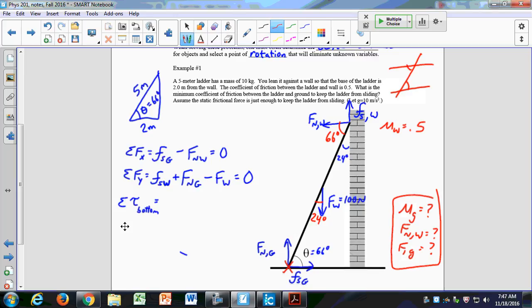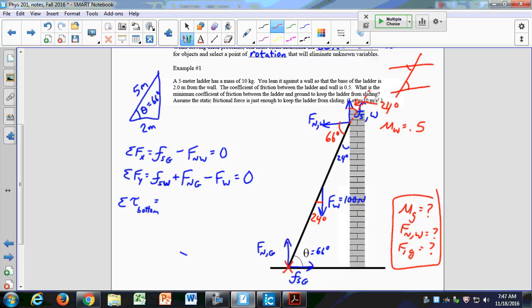I also need to know this angle right here, and this angle then is 24 degrees. You know that's 24 degrees because if this is 66 and this is 90 degrees, since these two are perpendicular to one another because it's a normal force, then this has to be 180 minus 90 minus 66. So it's going to be 24 degrees. You need to know these angles to find your torques.